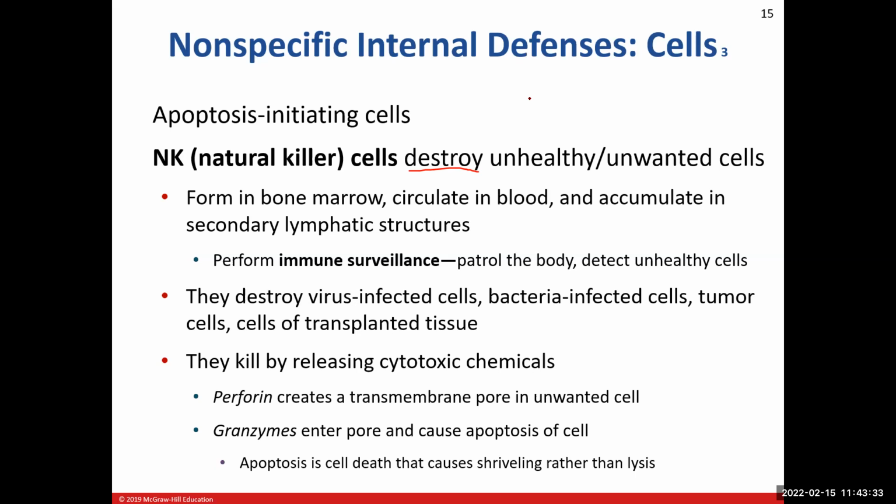And they'll circulate in the blood, and then they'll find our secondary lymphatic structures. So that could be the spleen, that could be lymph nodes, MALT, different lymphatic tissues in which they'll just hang out there. And their job is to watch and surveil. That's what they do. All day long, every day.